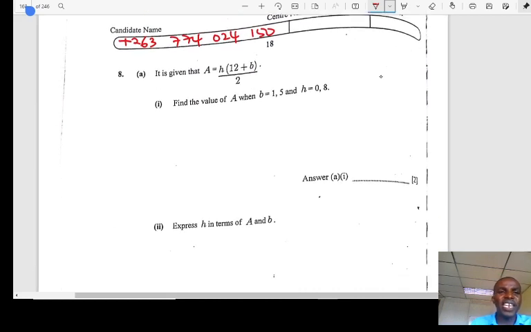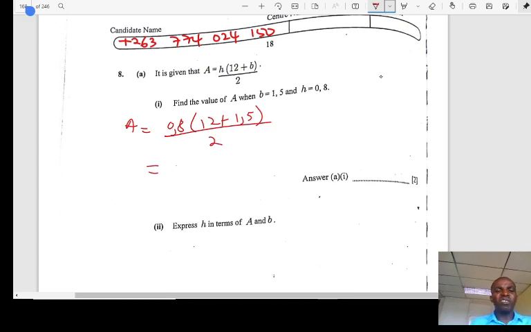Then question number 8, it is given that A is equal to what you can see on your screen. Find the value of A when B is equal to 1.5 and H is 0.8. Substitution, just substitute. So A is equal to H, which is 0.8, times 12 plus B, which is 1.5, over 2.